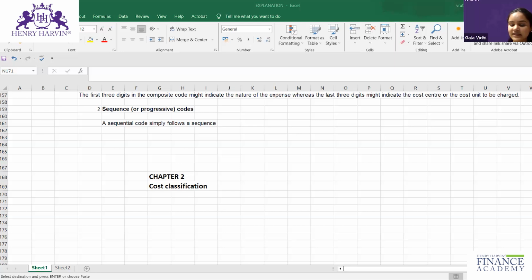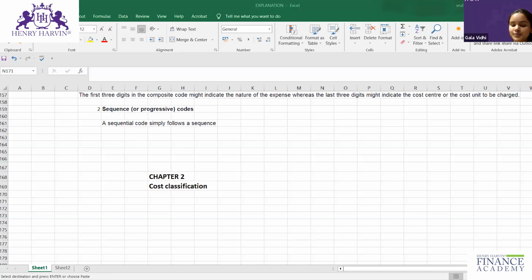Third is applying that cost to inventory, products, and services. So this is a three-step process: preparing your costing statements, cost data collection, and applying cost to inventory, products, and services.